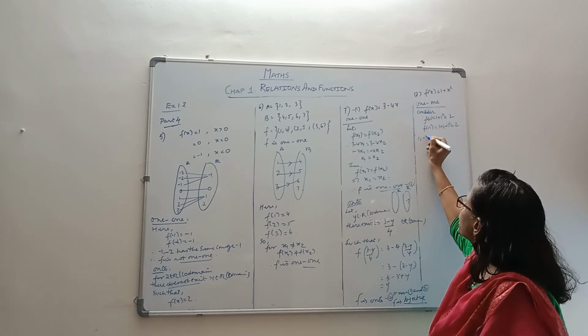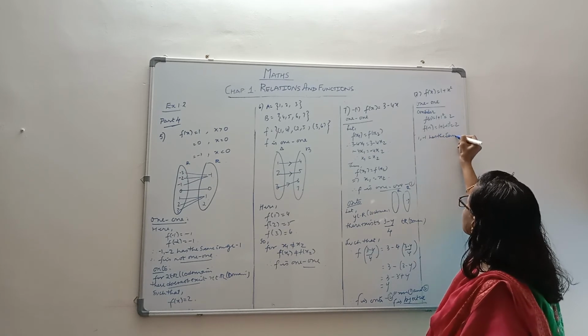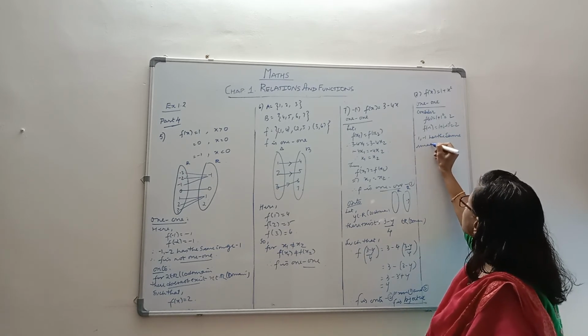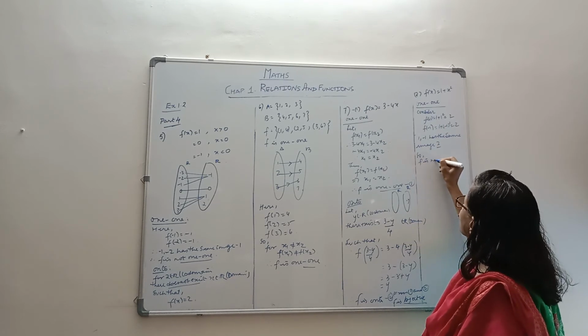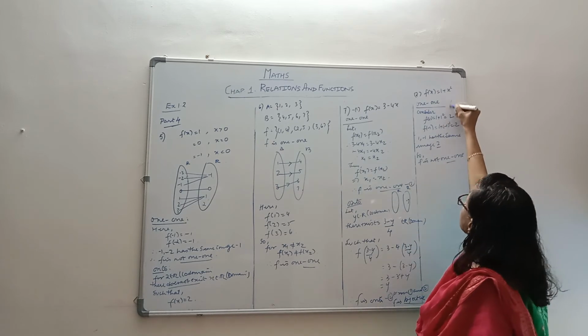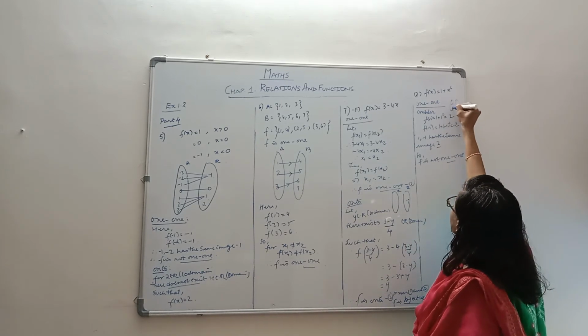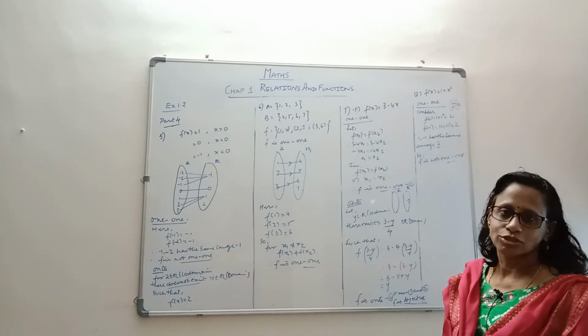So 1 and minus 1 have the same image. So f is not one-to-one, because minus 1 and 1 both are going to 2. We don't allow that for one-to-one. So it's not one-to-one.